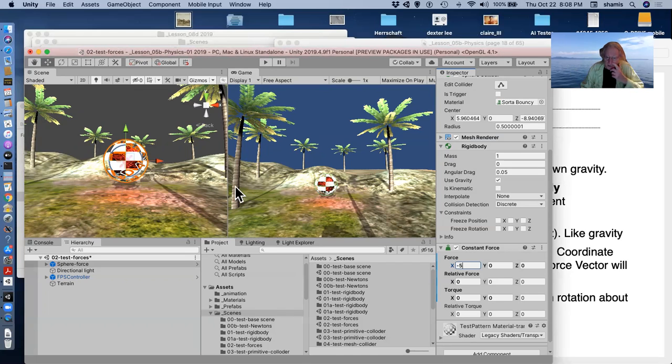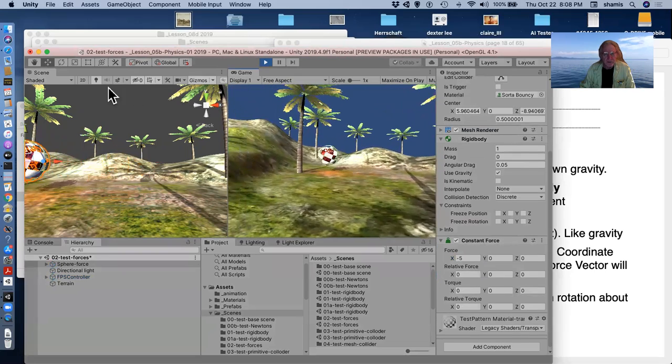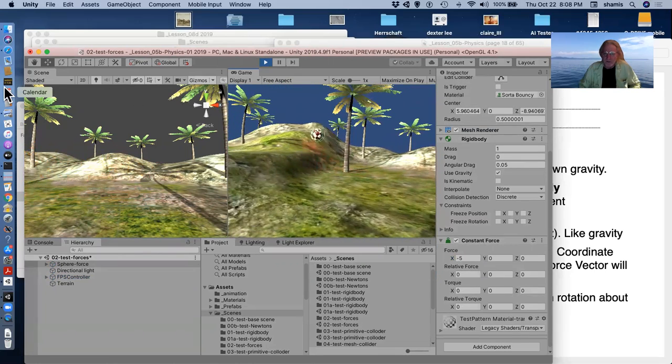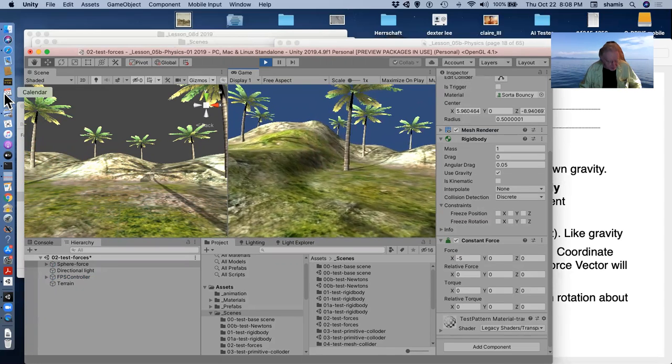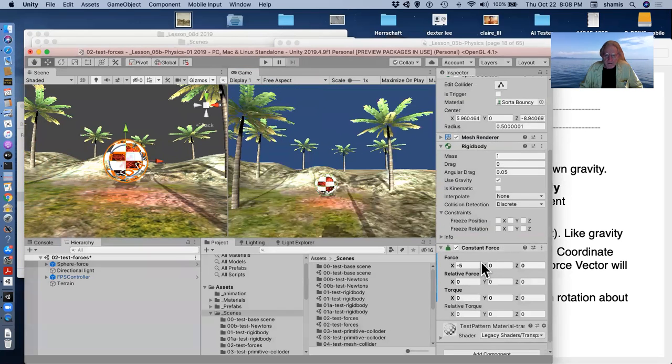Now this is not just an absolute movement. This is a force exerted in that direction. And so as it takes off, it's going to encounter obstacles, some of which it may get over. It did in that case. So that's absolute force.